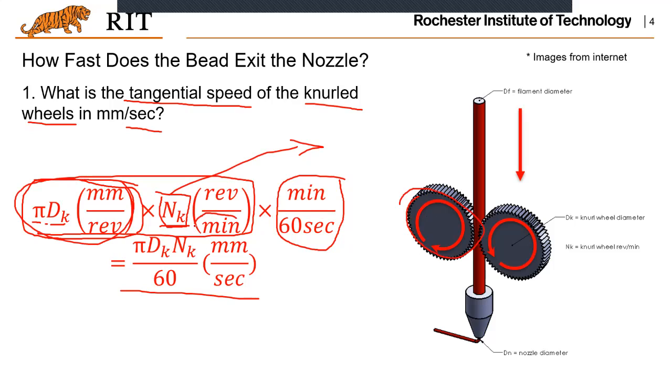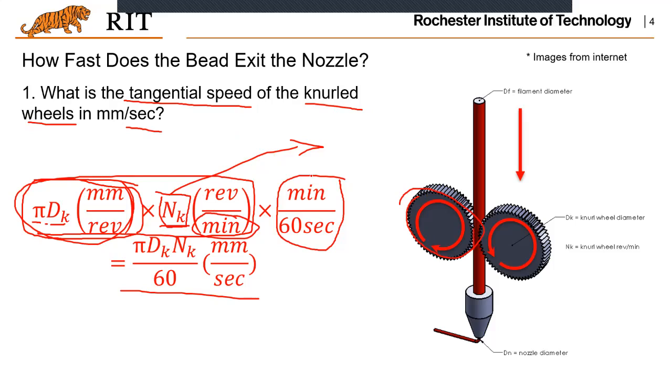But for a minute, there are N_k turns. So you have to multiply this to have the total distance this knurled wheel travels in 1 minute, and that gives you the tangential speed.